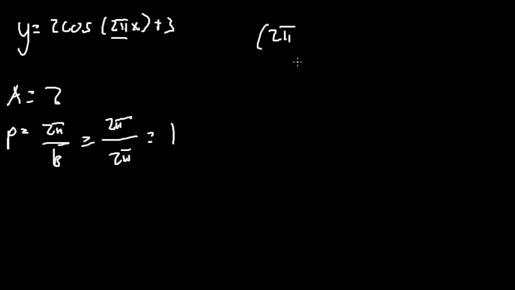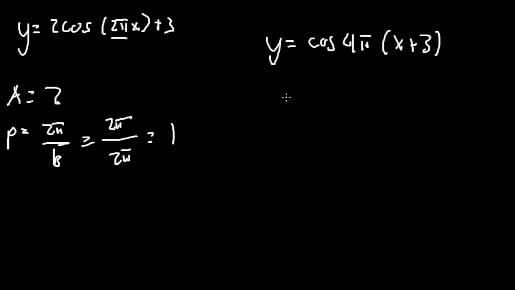So it's 2 pi. And pag nakakita naman kayo, halimbawa, y is equal to cosine 4 pi x plus 3, then pinapahanap sa inyo yung period.